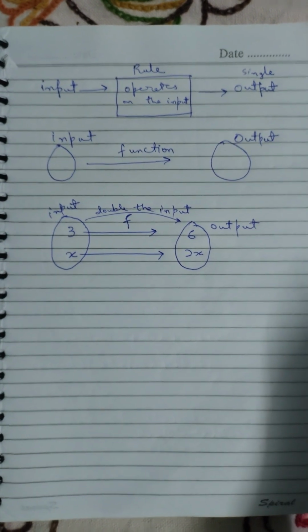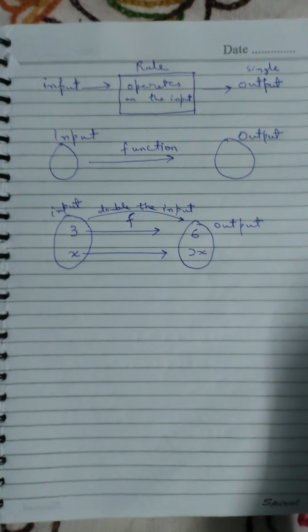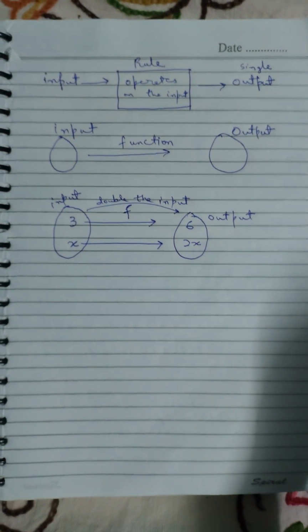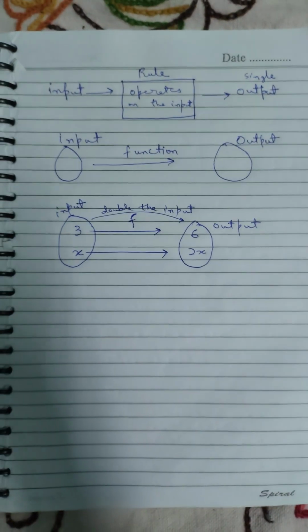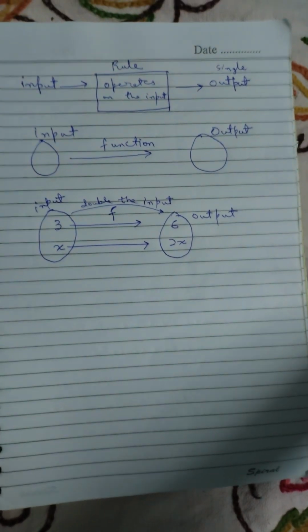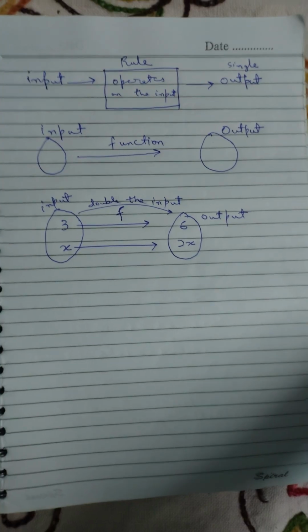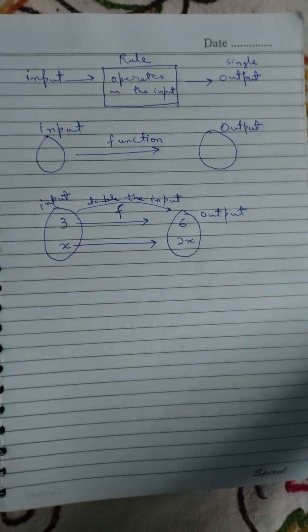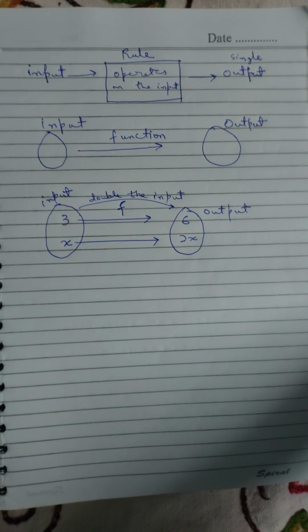So what's the function? Double the input. Now I'll show you how this is written. But look, 3 is an example that I have shown you. If you double the input, it produces 6.